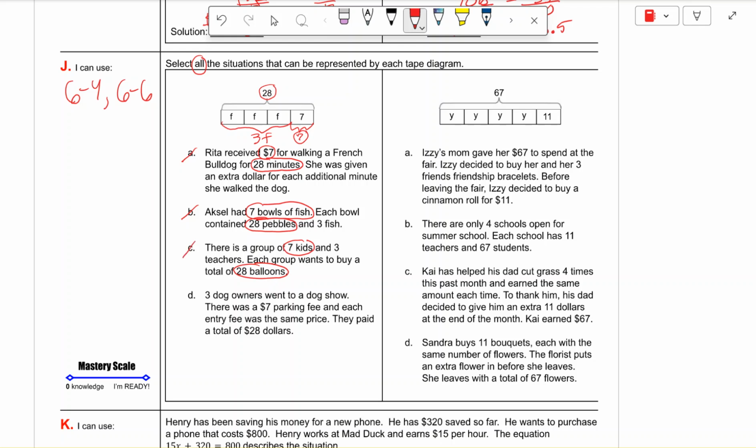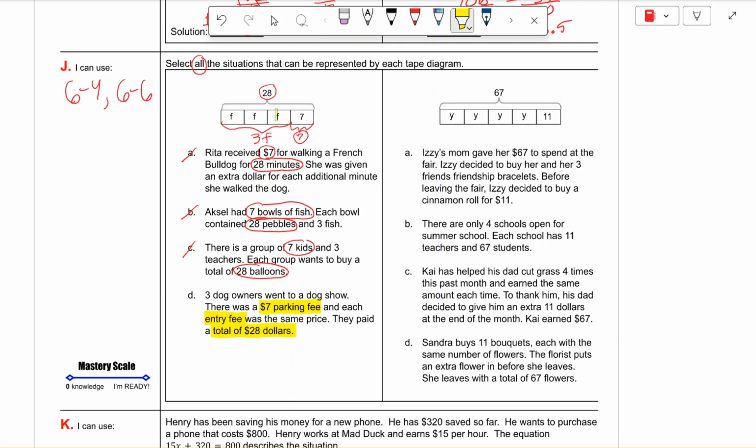And finally, D. 3 dog owners went to a dog show. There was a $7 parking fee, and each entry fee was the same price. They paid a total of $28. This is the first one that's talking about money, parking fee. They're also talking about the entry fee, which is in dollars, and they're also talking about a total of $28.